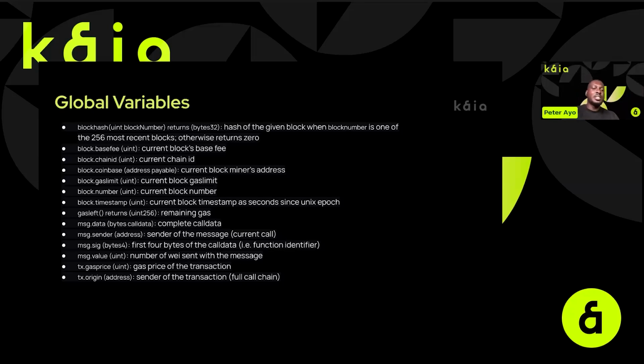tx.gasprice is basically the gas price of the transaction at the time. And tx.origin is basically the sender of the transaction, the full chain call.